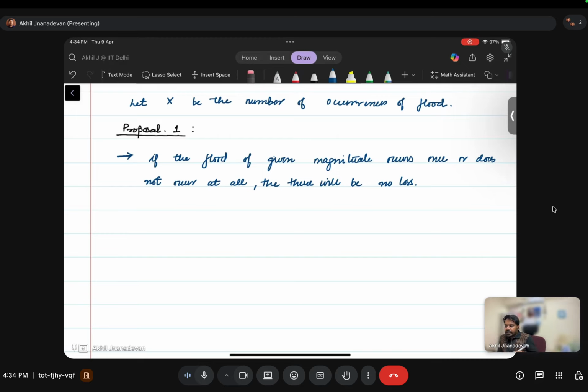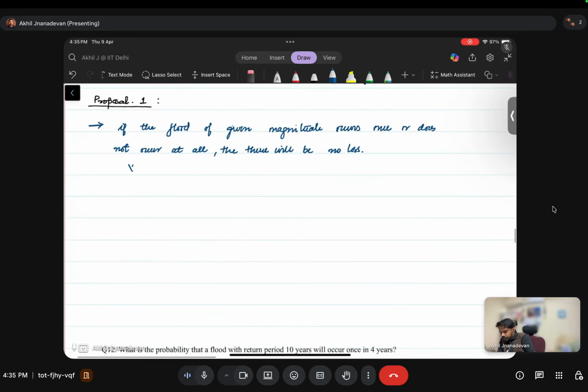So x can take either value 0 or 1. It can occur 0 times or it can occur 1 time, right? So x can be 0 or 1.